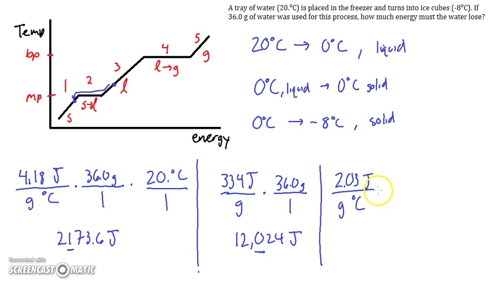And again, we can use dimensional analysis to set up the rest of the calculation with our mass of 36.0 grams. And our temperature change this time, again, it's the change between 0 and -8, and that's a change of 8 degrees. I'll put that over 1.